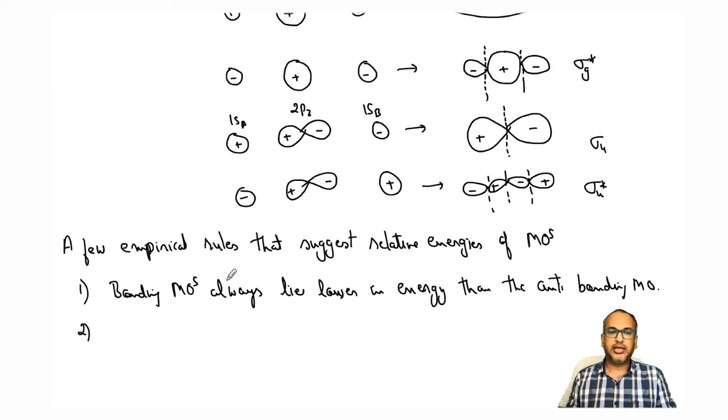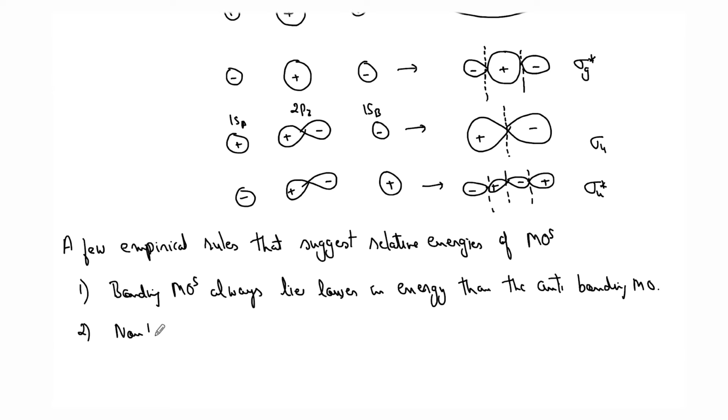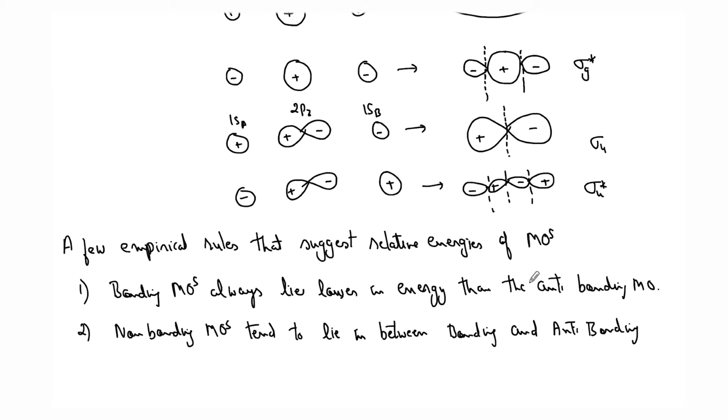So you can already see that advantage of delocalized MO theory over localized MO theory or valence bond theory, where we can explicitly write down the relative energies. So non-bonding MOs tend to lie in between bonding and anti-bonding, because non-bonding is not taking part in these kind of bond formation, so they tend to remain where they were for the individual atom.